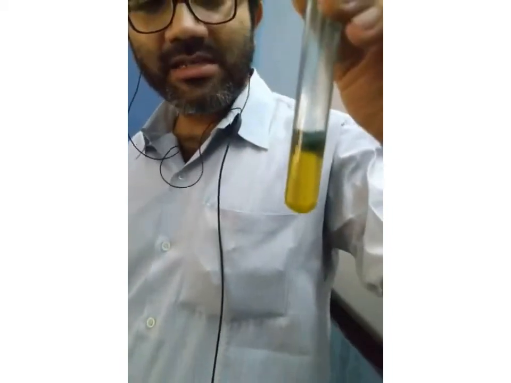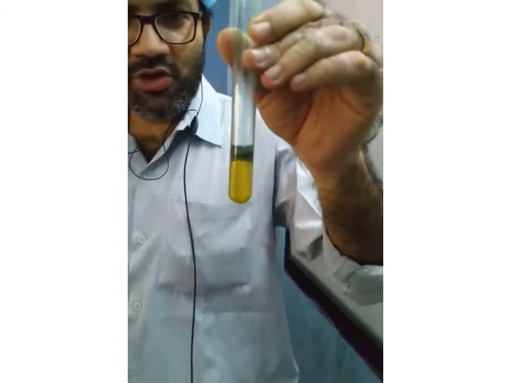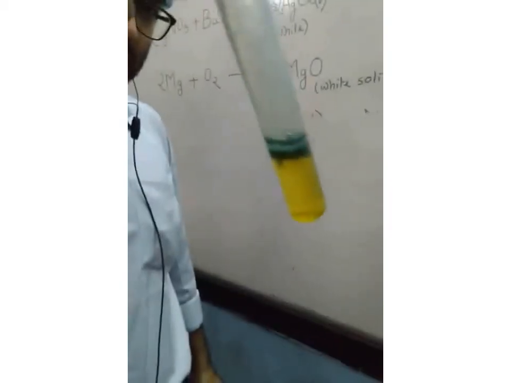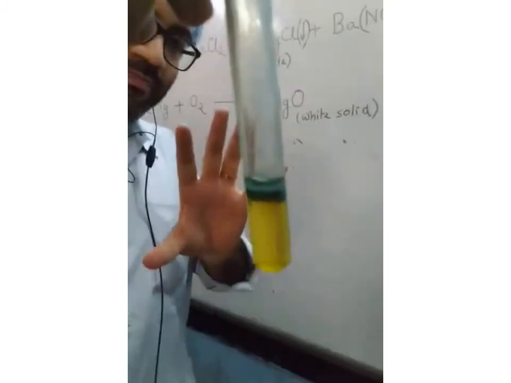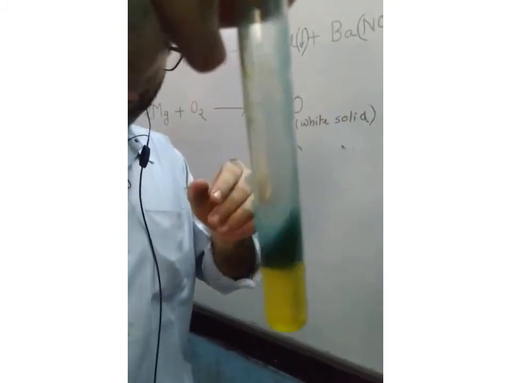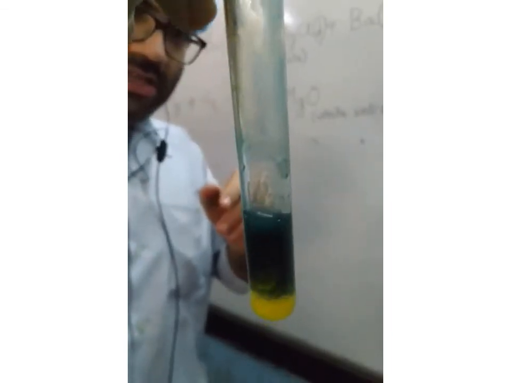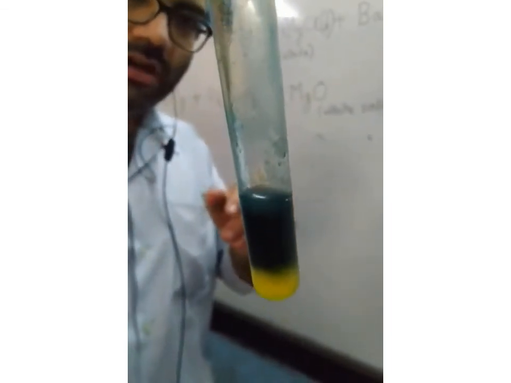From a light green or yellowish green solution, can you see there is a dirty dark green precipitate? Once again, an insoluble substance is there. When I mix this, the entire solution is becoming dark green.